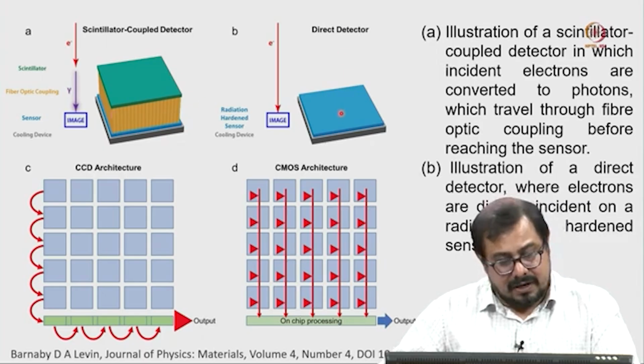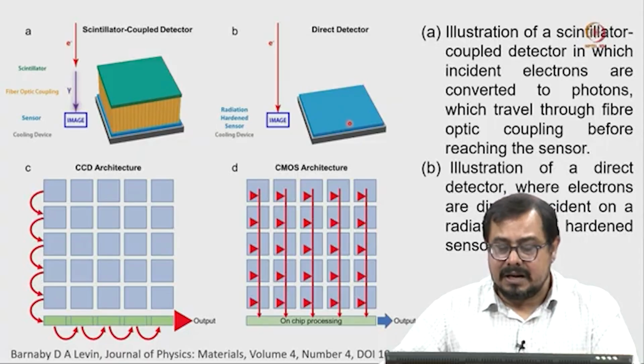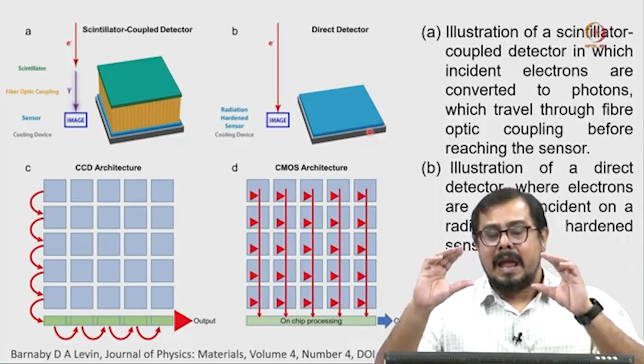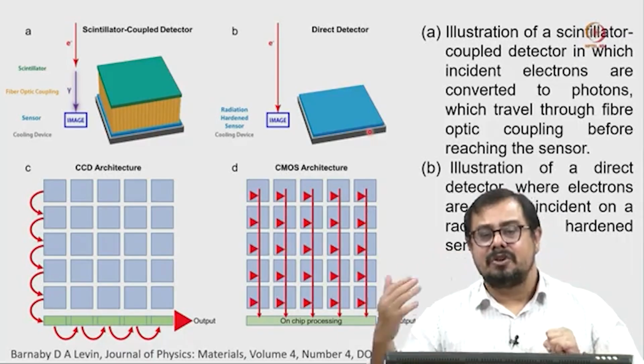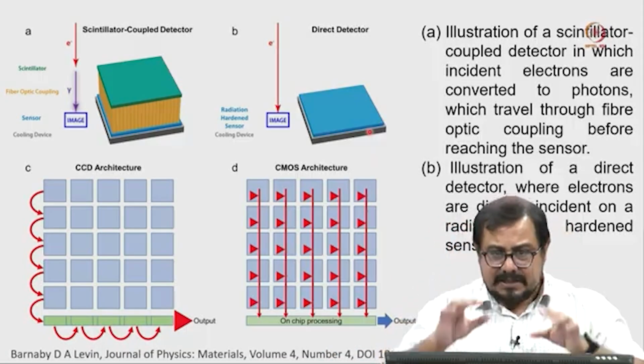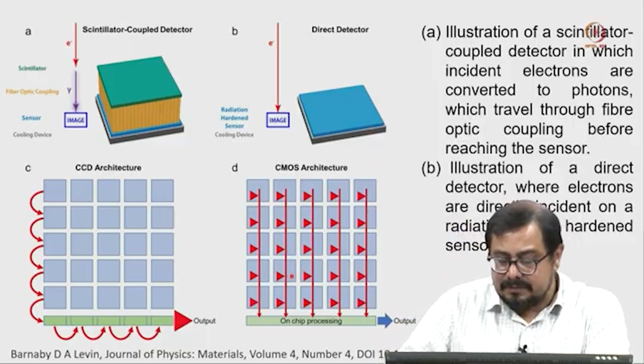The electron hits the scintillator and is directly recorded. The distance is small, it does not need to travel, it is not generating that much noise, and it records very precisely, and that is the reason the readout is very fast.